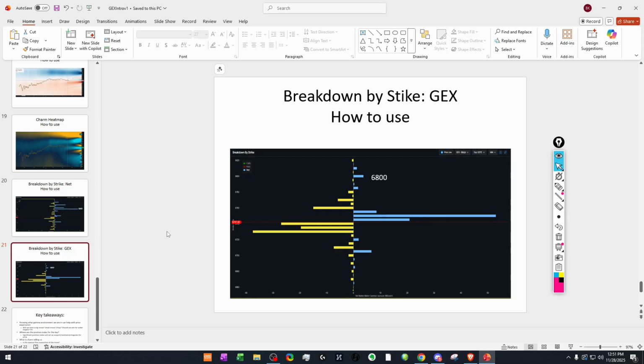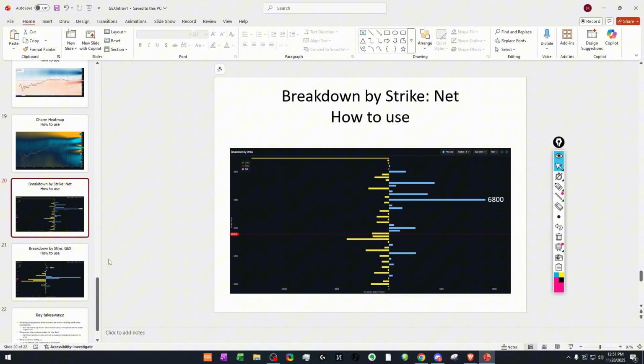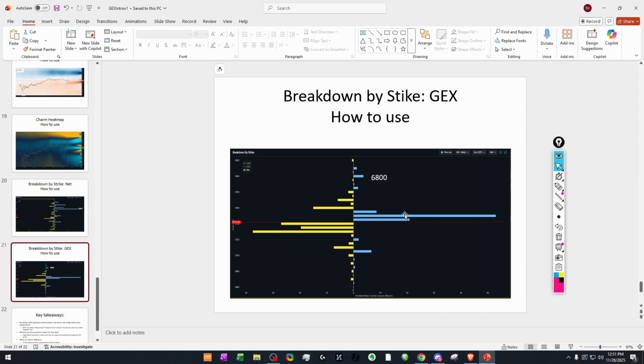It's the same thing with gamma positioning, and gamma will be correlated. If there's more positioning, there's more gamma. But you also have to keep in mind that depending on where spot price is, the gamma will be more or less.